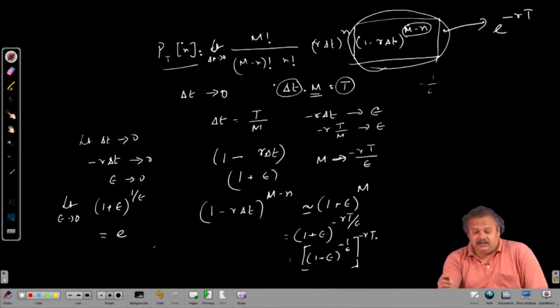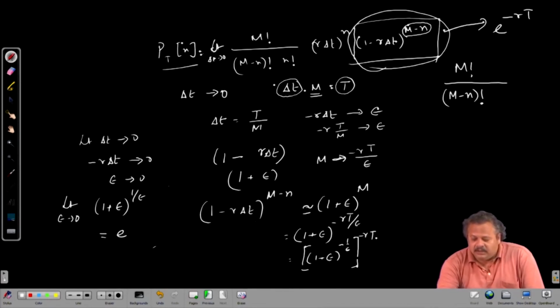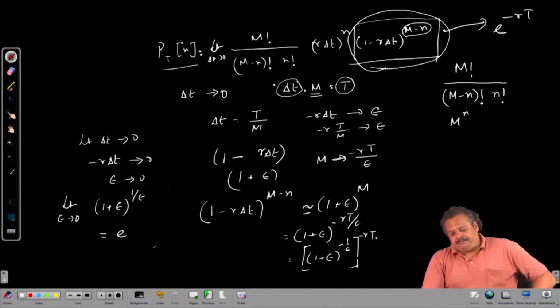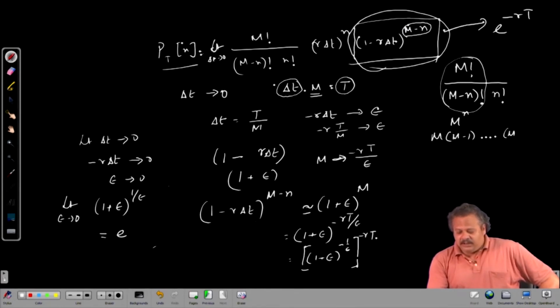Now, if we consider the rest of the expression, that is m choose n and r delta t to the power n, we have m factorial divided by m minus n factorial and n factorial. Since m factorial by m minus n factorial can be replaced by m to the power n, because this whole term together turns out to be m into m minus 1 like this, and there are n terms up to m minus n plus 1.